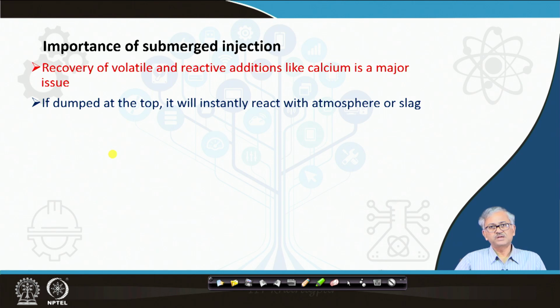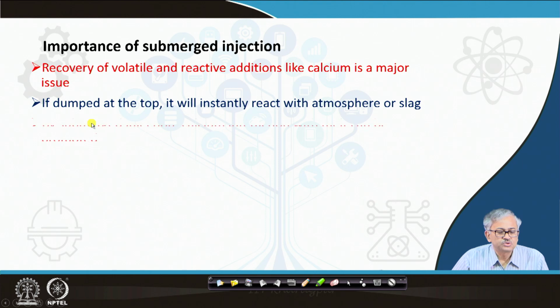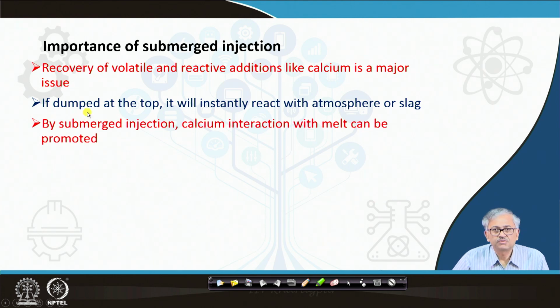Immediately it will react with atmospheric oxygen, or with the slag, forming calcium oxide, calcium sulfide, whatever it may be. So it will not be able to come in contact with the metal, or it can burn instantaneously. The heat of reaction is so high that it can burn at the top. So that is why dumping at the top is eliminated.